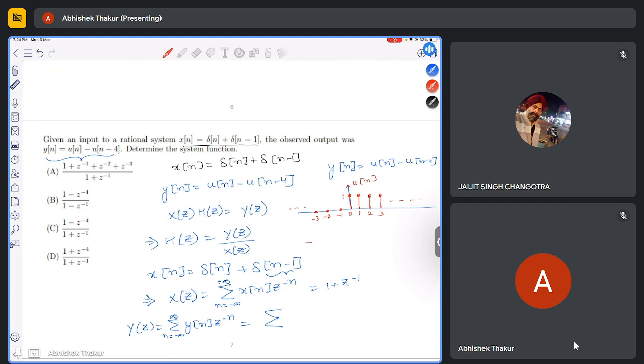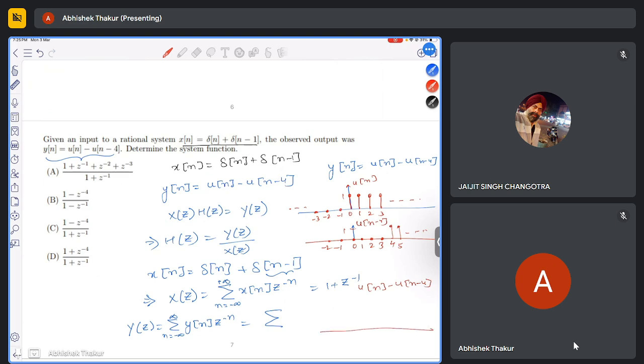Now what is u of n minus 4? This will be shifted by 4. So when you draw u of n minus 4, you will get 1, 2, 3, 4 units, and here you will get the value as 1, and so on. Now this is our u of n minus 4. So u of n minus u of n minus 4, what will it be?